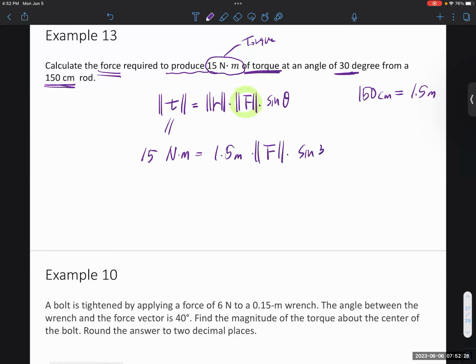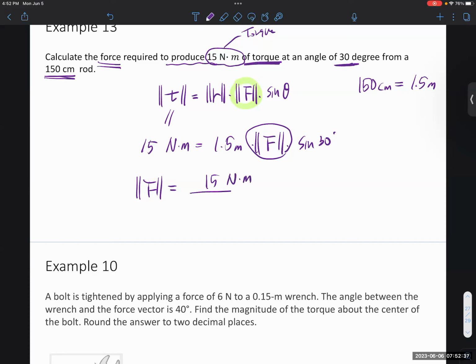F magnitude will be 15 divided by 1.5 times sine 30. So you can calculate it, meter cancels. You should get about 20 Newton. This is the force. So calculate it, okay? So that you can find out the answer for the force.